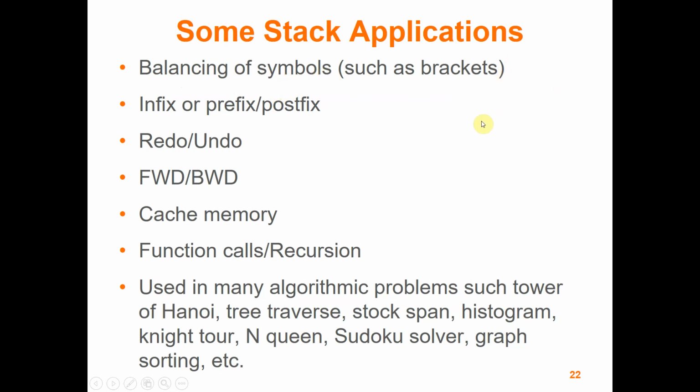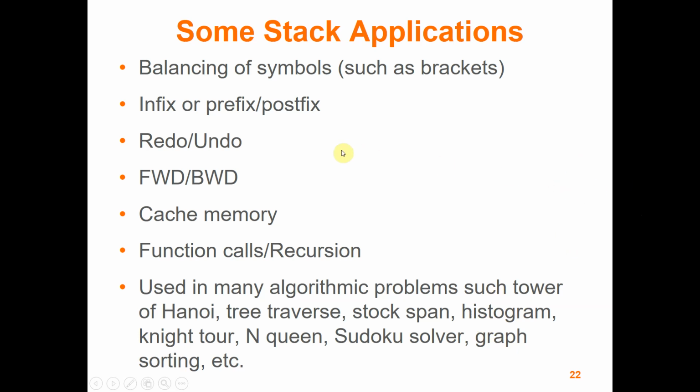So all the brackets that are opened are going to be placed in the stack, and when you find the matching closing bracket, that opening bracket is going to be removed from the stack.